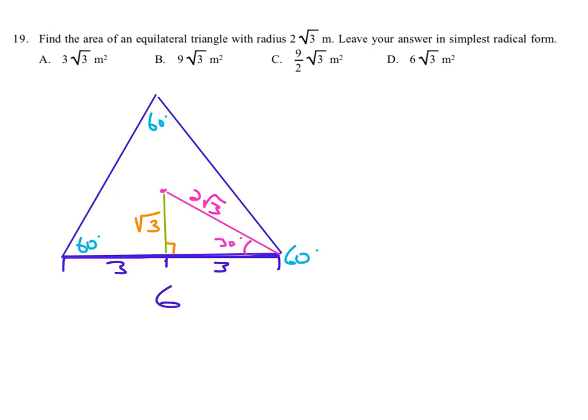Okay. Why do we care? Because we've got a formula that says area is equal to 1/2 the apothem length times the perimeter. So that's 1/2 times the apothem length, which was root 3, times the perimeter, which, if each side is 6, is 18.